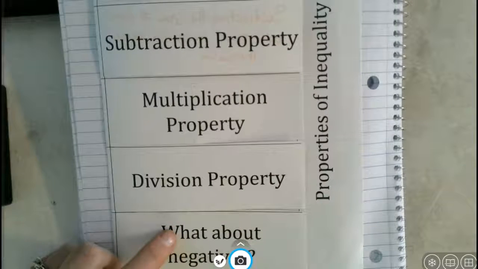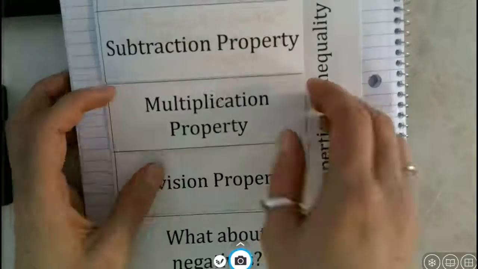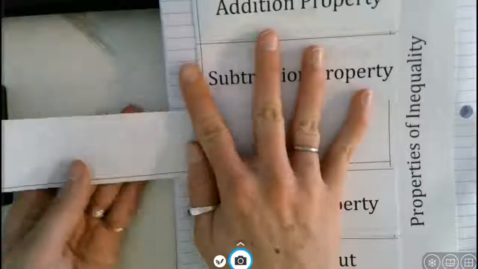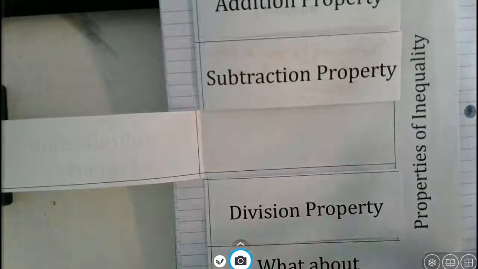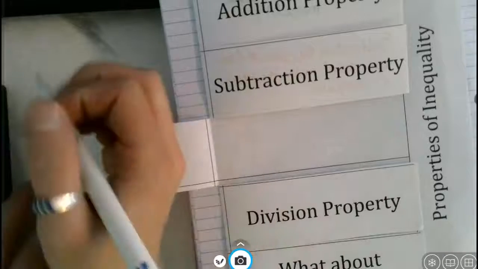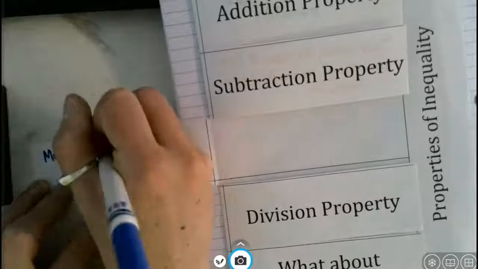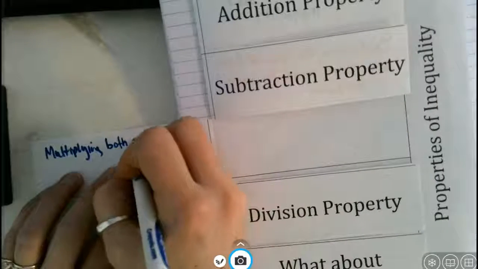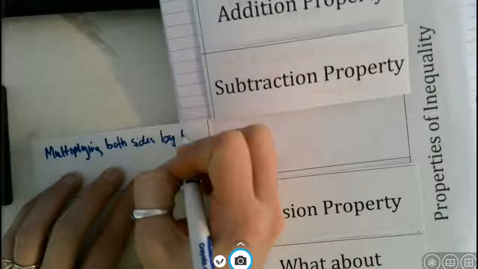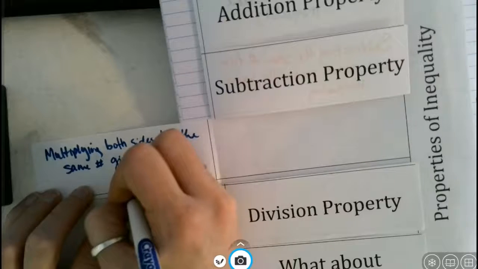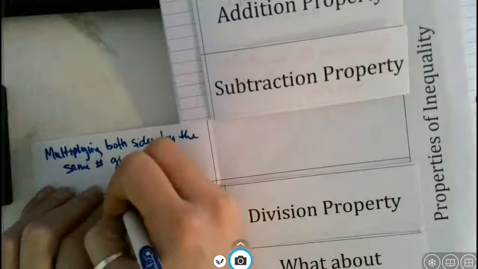What about when I have a negative number? What's going on there? So my multiplication property is really similar to that multiplication property of equality that we talked about before. It is when I multiply both sides by the same number, it gives the same inequality.